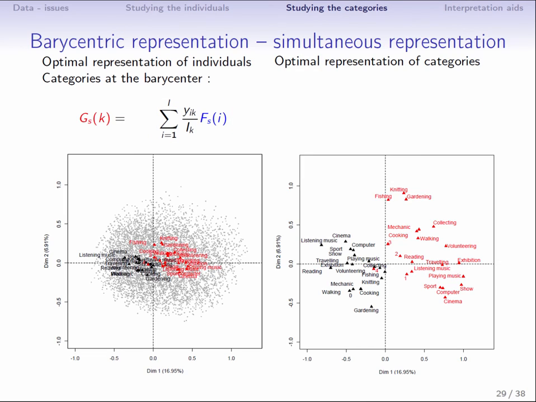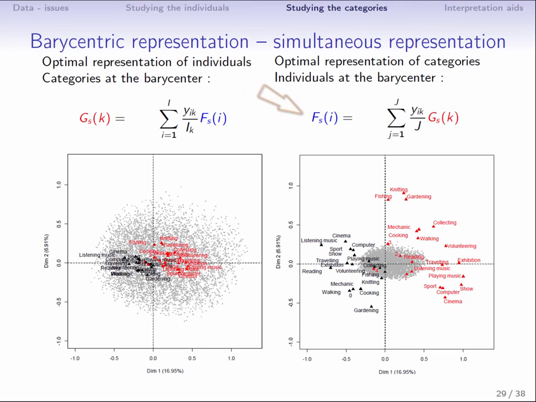Now we look again at the optimal representation of the categories that we built earlier in the current video. We see that the categories' coordinates are dilated or more spread out than in the graph on the left. Now let's project each individual onto the barycenter of the categories it's in. The coordinate value of the ith individual on the sth dimension is therefore the mean of the coordinates of the categories of that individual.